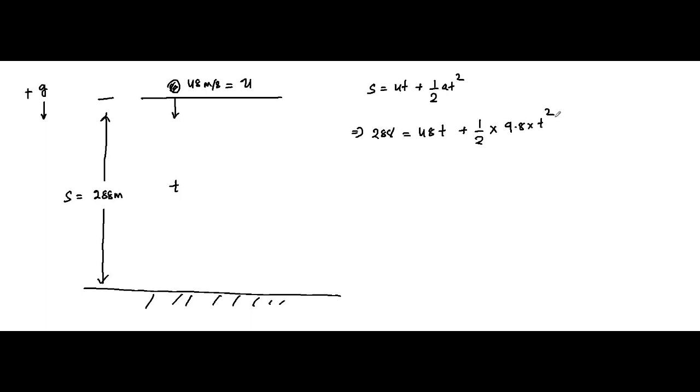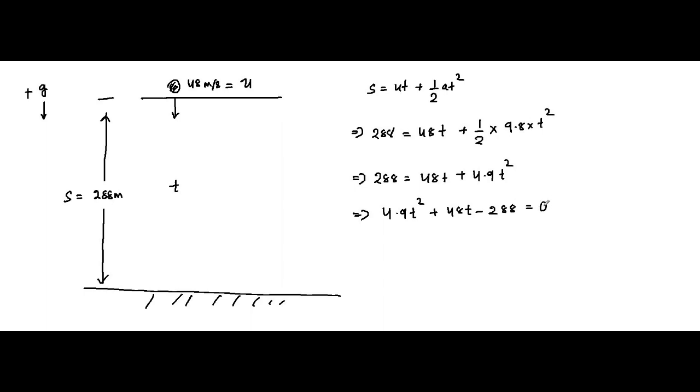That implies 288 is equal to 48t plus 4.9 t square.